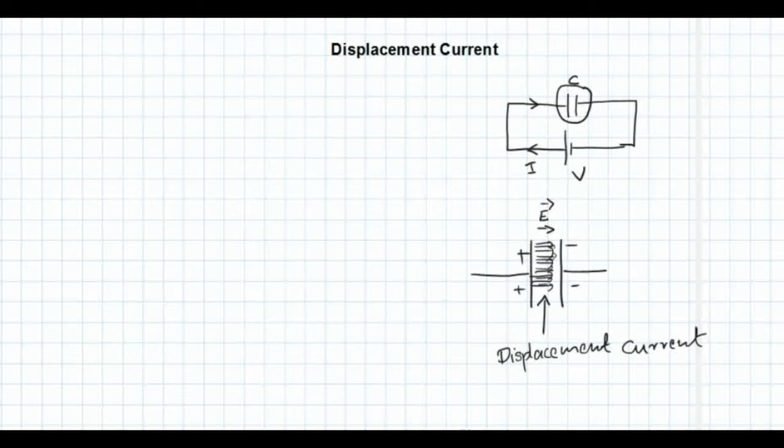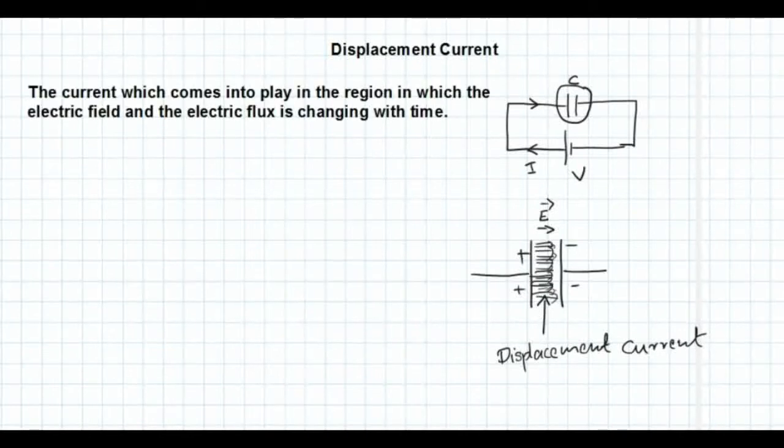When we switch on the circuit, there will be a gradual increase of the electric field between the two plates, and a displacement current is produced within the space. So the current which comes into play in the region in which the electric field and the electric flux are changing with time is called displacement current. This is the definition of displacement current.